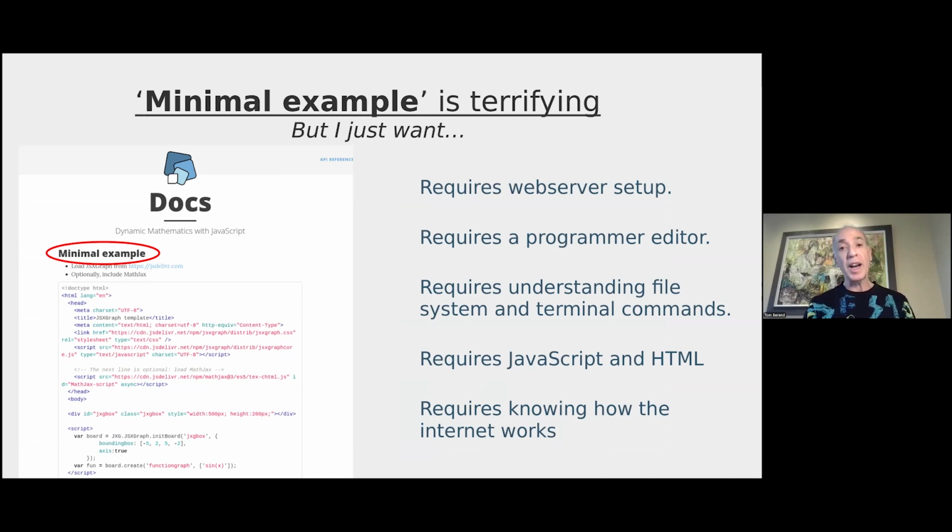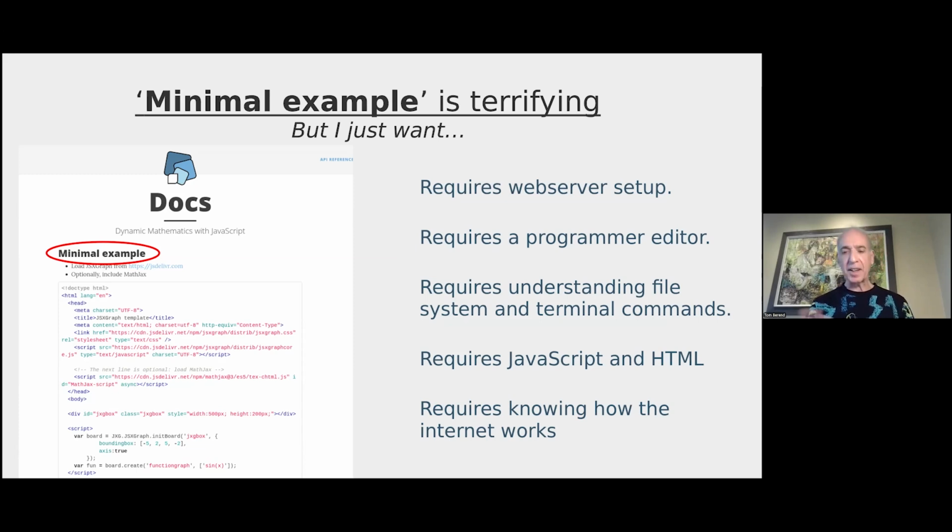The new one actually isn't any better because it's the same code, but now we have a dozen different choices that you probably don't understand that we have to make before we can pick our minimal example. So we've created a huge barrier for people who want to get into JSXGraph.